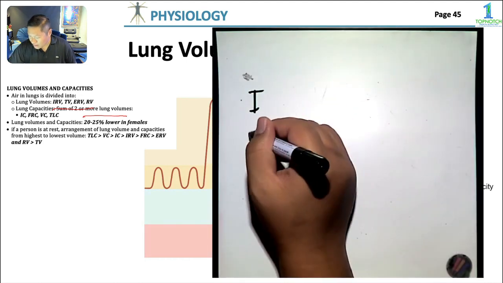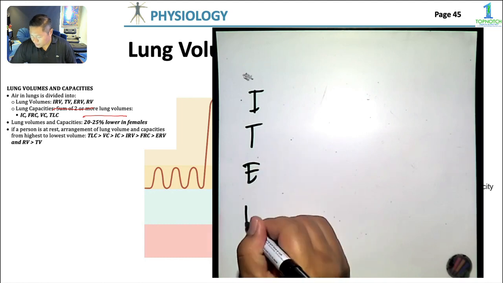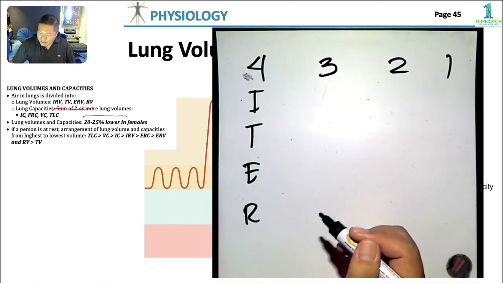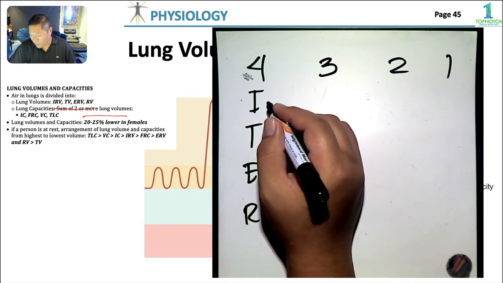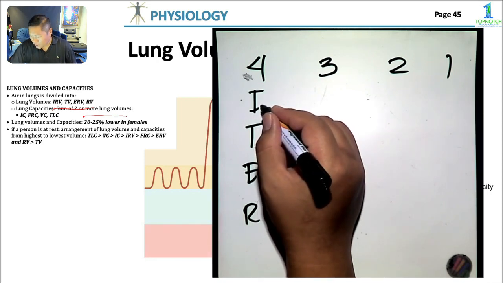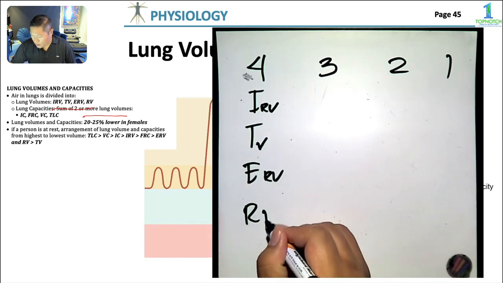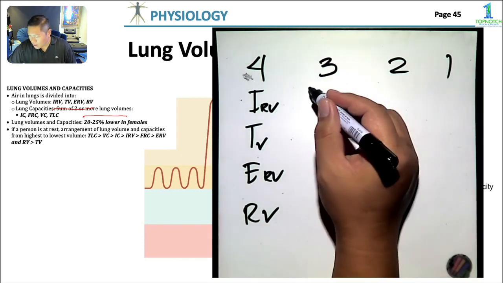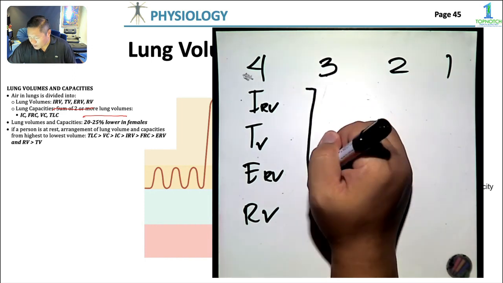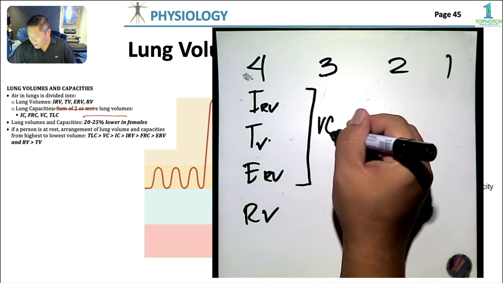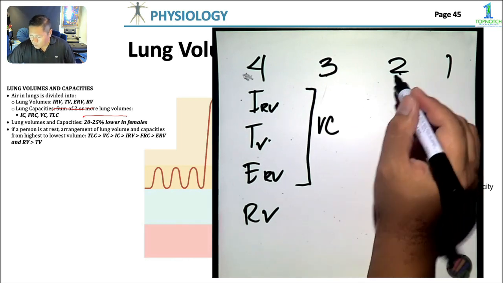The mnemonic is ITER 4321. ITER 4321. Okay. Write this down. ITER 4321. IRV, TV, ERV, RV. Okay. 3. The sum of the upper 3, IRV, TV, and ERV, is your vital capacity. 2.